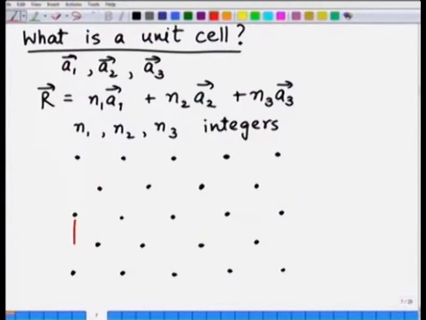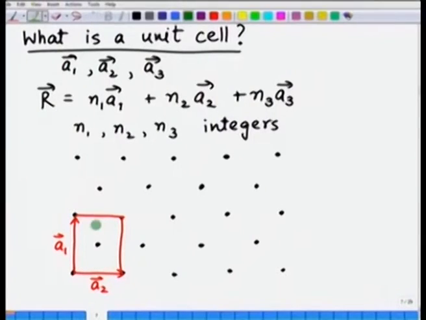Let us say this is what I choose as my unit cell, with an A1 vector and an A2 vector right here. So, A1, A2 vectors define this area. Now, you notice that if I move the area constructed by A1, A2 and keep moving, we can generate all these lattice points, right? That is what is implied by a unit cell. So, this is a good unit cell.